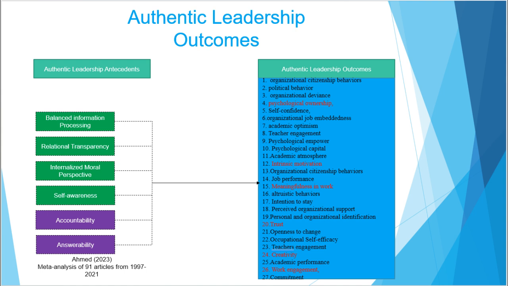Another meta-analysis by Hamet in 2023 also looked in the literature at how being an authentic leader correlates with various organizational factors. And he found psychological ownership.